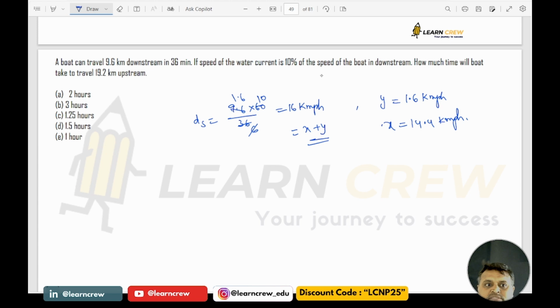Upstream speed is 14.4 minus 1.6, which is 12.8. Time is distance by speed, 19.2 divided by 12.8, so it is 1.5 hours. The answer is 1.5 hours.